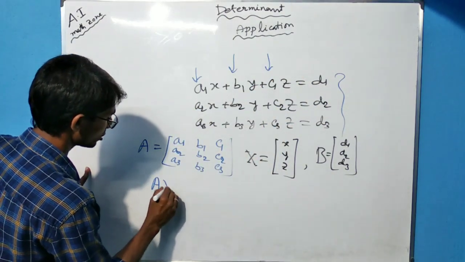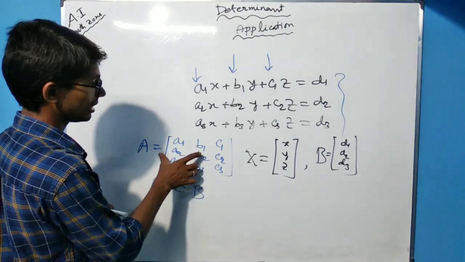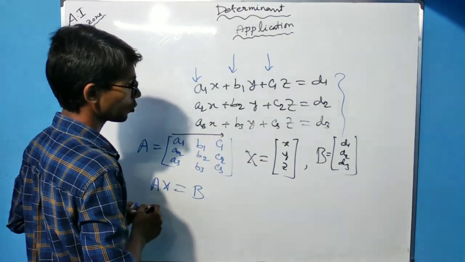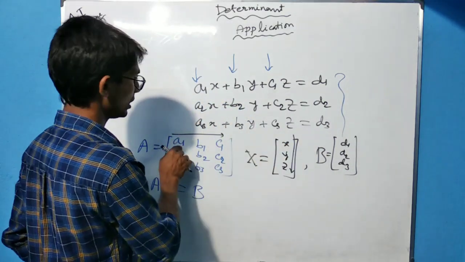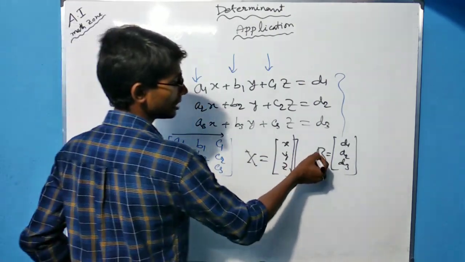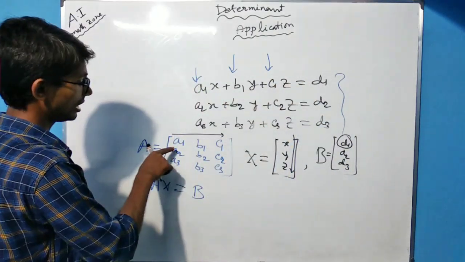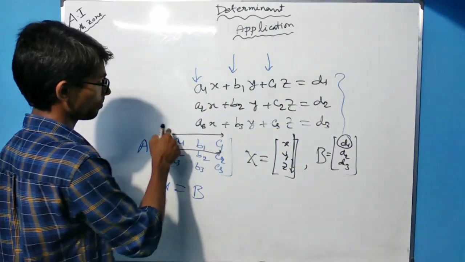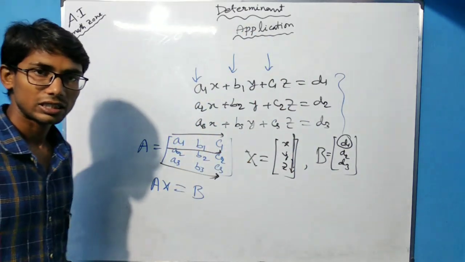Then the above system of linear equations can be expressed in matrix form as AX = B. How? If we multiply A with X, this row will be multiplied by this column, so this will be a1x + b1y + c1z, which equals the element d1 of B. If we multiply the second row, we get the second equation, and if we multiply the third row, we get the third equation.